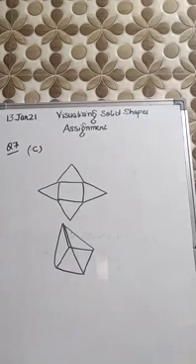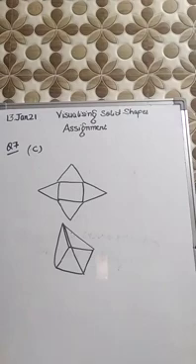Next question is, beta, what is the least number of planes that can enclose a solid and name the solid? I have just told you that for drawing a polyhedron, we need minimum number of 4 sides, or you can say polygonal base we need. So the answer of this question is least number of planes are 4.